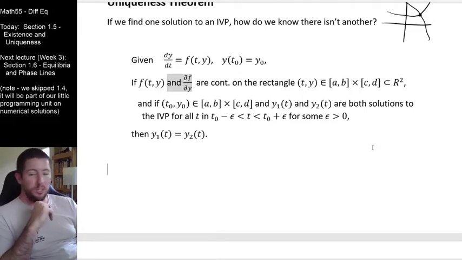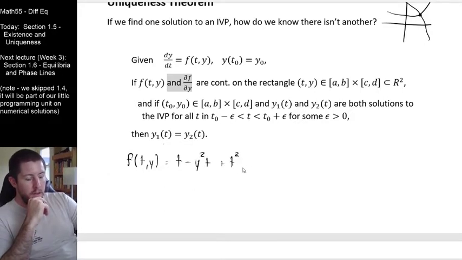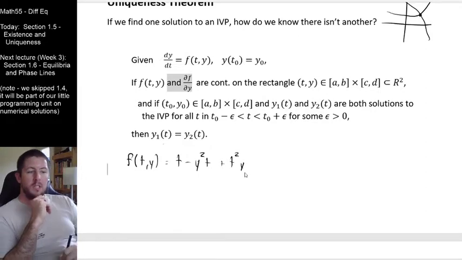I'm going to show you a partial derivative here real quick. So let's suggest an f function. I'm going to do f of t, y equals t minus y squared t plus t squared y right there. So suppose this is some differential equation that we've been given.